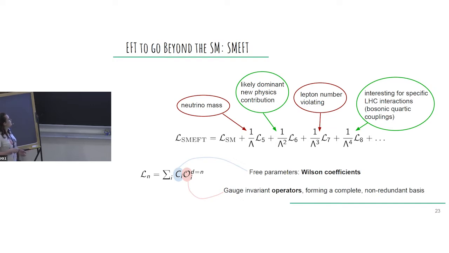So we have the dimension 5 that contains information about neutrino masses, then dimension 6 that likely contains the dominant effects for new physics contributions, then a lepton number violating term, then some other terms that can be interesting for some particular processes at the LHC where there are multiple gauge and Higgs bosons involved.